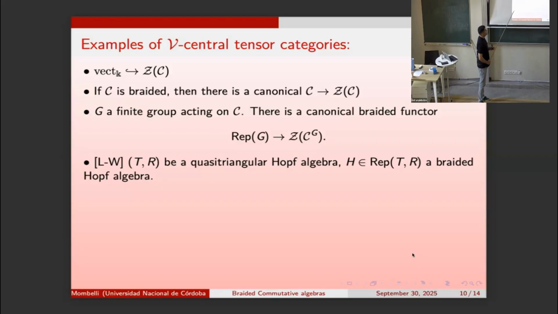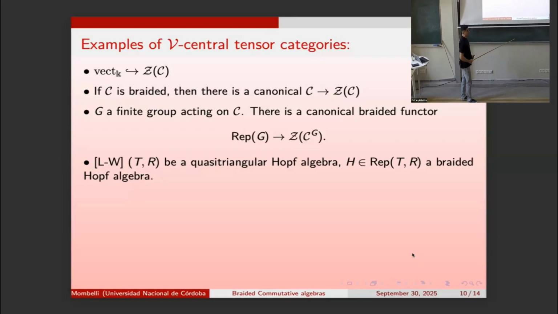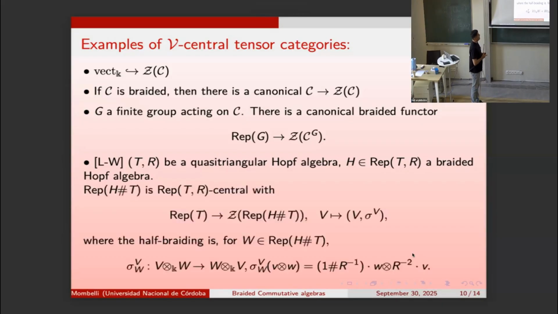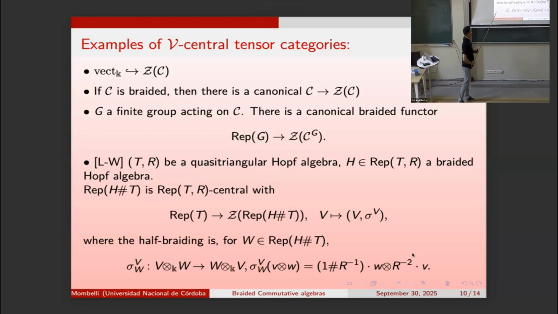Also, if there is a group acting on the category C, there is a canonical braided tensor functor from the category of representations of the finite group into the Drinfeld center of the equivariantization of C. The following example was given by Laugwitz and Walton. You start with a quasi-triangular Hopf algebra T with R-matrix R, and you take a braided Hopf algebra H inside this braided tensor category.